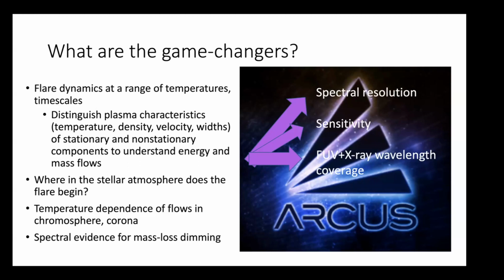And if there are peculiar events like the one on EK Draconis, where you could only see variability in the silicon 4 lines, we can tie that down much better. Looking at temperature dependence of flows in the chromosphere and corona, spectral evidence for mass loss and dimming. And you can get all of that if you have the spectral resolution, sensitivity, and FUV and X-ray wavelength coverage that Arcus has. So I'll stop there.